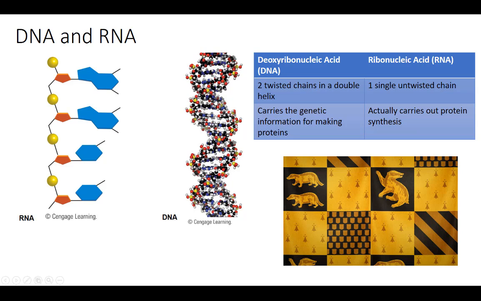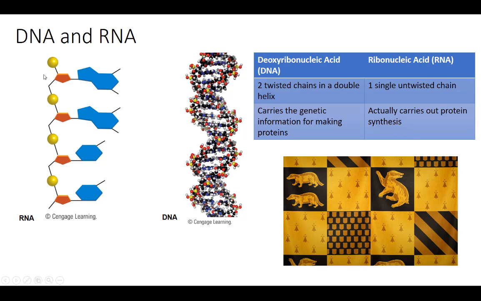But this is DNA, deoxyribonucleic acid. RNA, instead of being two twisted chains, is just one chain, and it's not twisted at all. Whereas DNA carries genetic information for making proteins, RNA actually carries out the protein synthesis. So it actually makes the proteins that DNA is telling it to make.